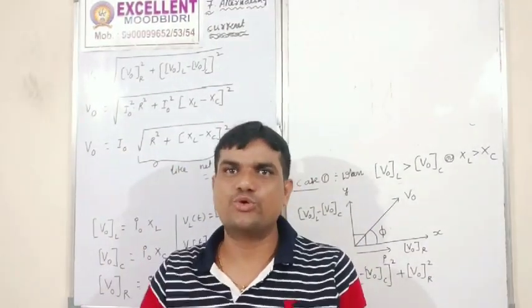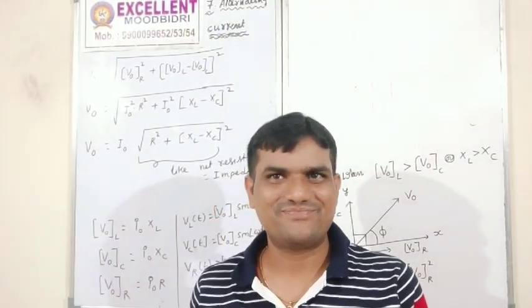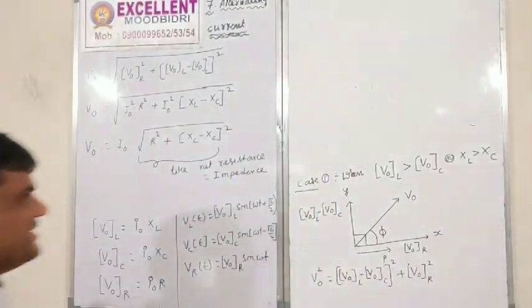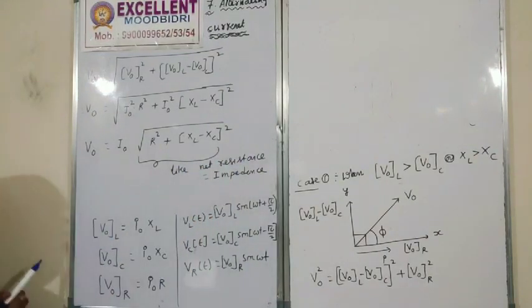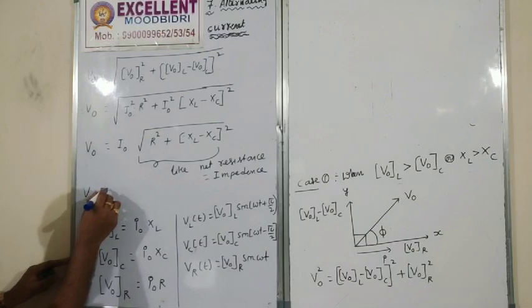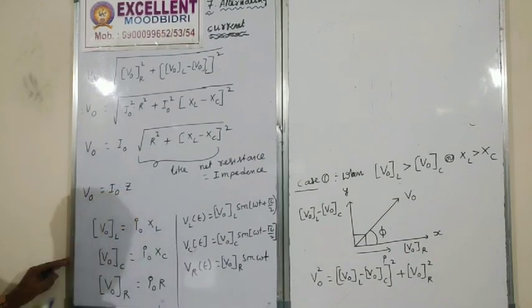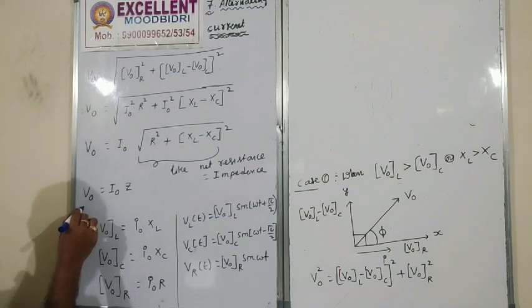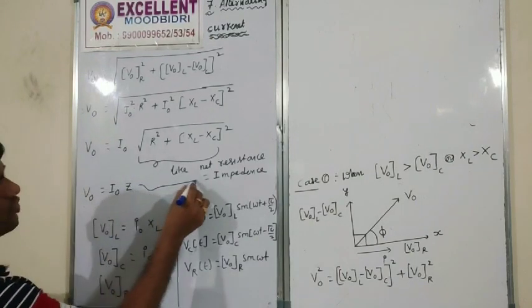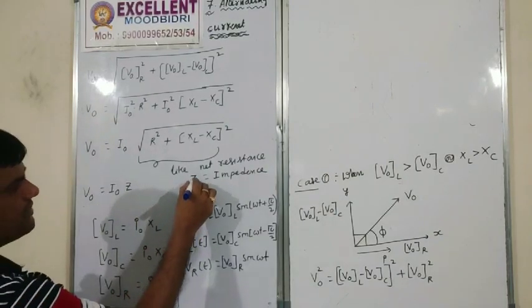In all circuits, we can consider the impedance. Alright, impedance is like net resistance. Therefore we can represent it as Z. Are you clear, everybody? Where Z is equal to impedance.